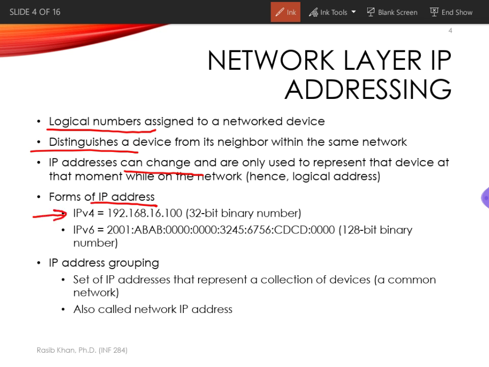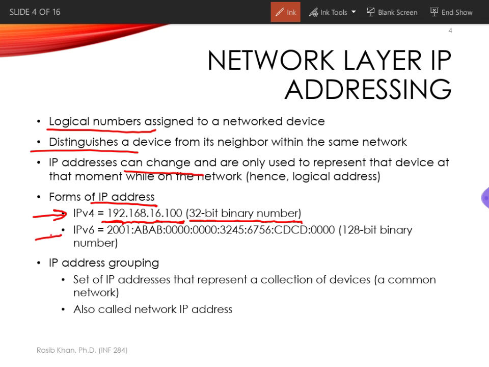The most common format that we see in use is called IP version 4 or IPv4, and this is a 32-bit binary number. According to general conventions, we convert it into 4 octets. So every 8 bits we convert into a decimal and represent it like this. And this is the format of an IPv4 address.